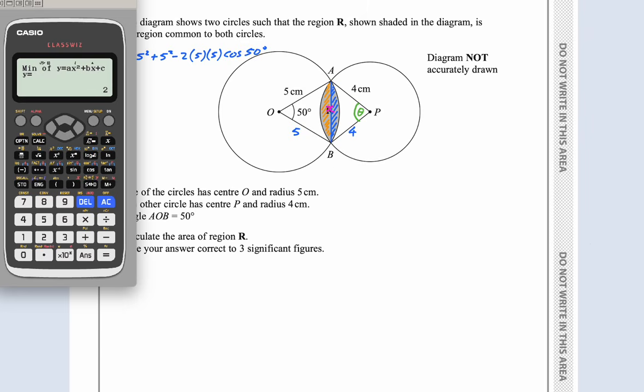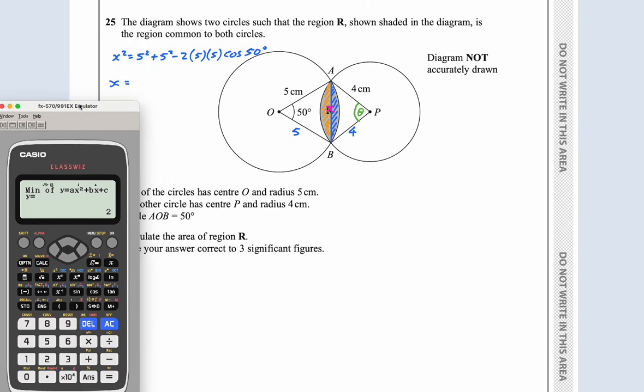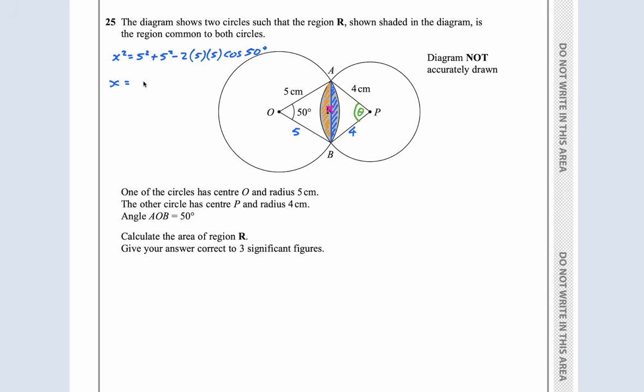Let us get the square root of that. So I'm going to get the square root of 5 squared, 25, plus 5 squared, 25, minus 2 times 5 times 5, which is 50, and cos 50 gives me this. So x is 4.226.